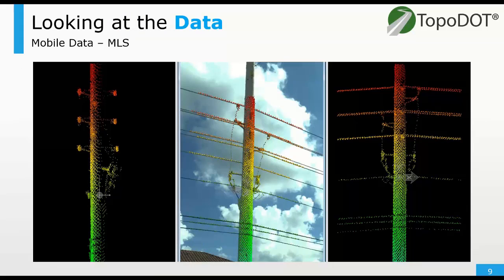All right, so a close look at the data here. This is mobile data. It's, in this case, a single pass dual head scanner configuration. So there's plenty of detail. And we're looking at two elevation views of a shared pole with those high-res images that I just mentioned. And the point cloud here happens to be colorized in elevation.